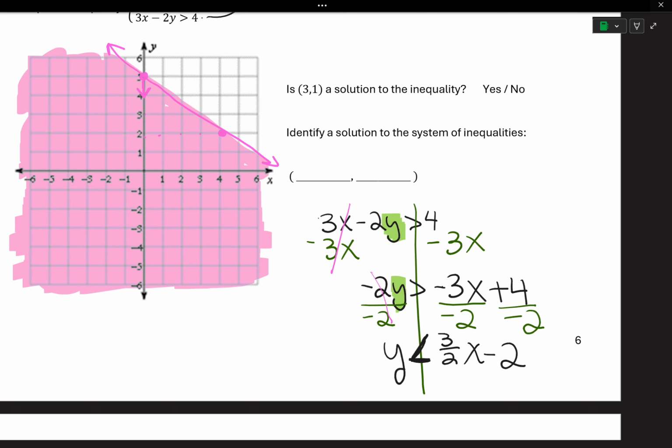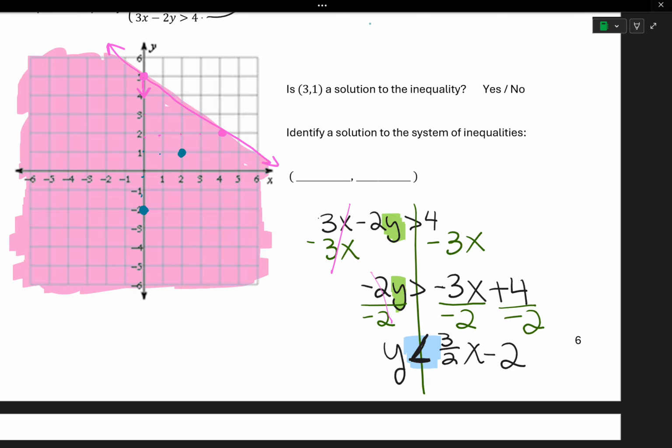I'm going to start by putting a point on negative 2. And then we're going to go up 3 spots, to the right 2 spots. Since my symbol does not have an or equal to, I am going to make a dashed line. But you know what?